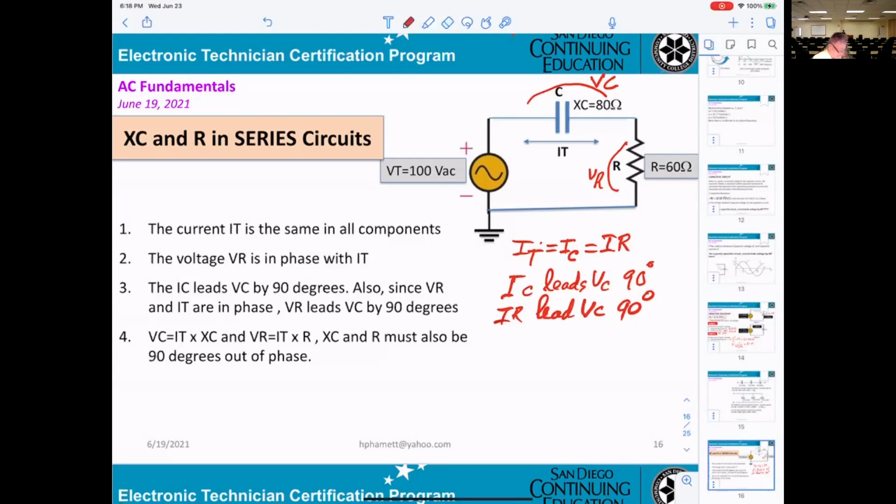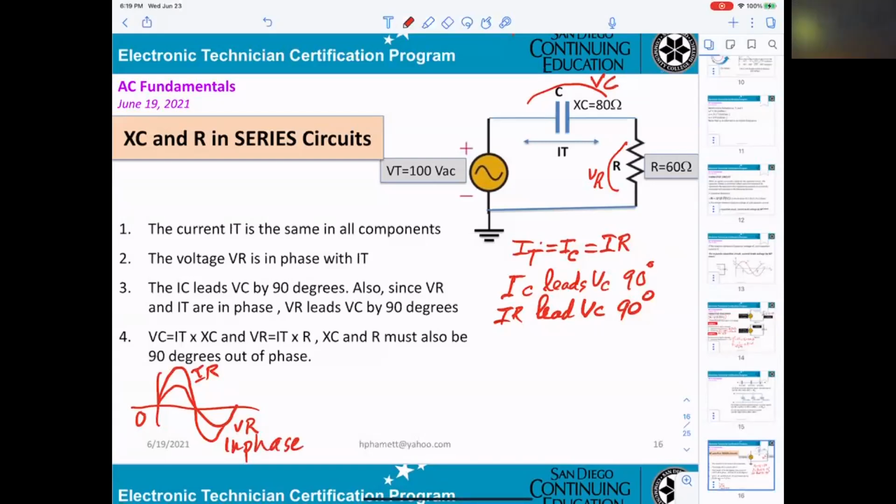If you get this VR, and then you get the IR, you see that? Both going up or both going down. That's what they call in phase. But the magnitude of I is bigger than R, right? It doesn't matter, depending on the circuitry. Right now, I'm talking about the phase, the angle. That means resistor voltage and current over time will be in phase.